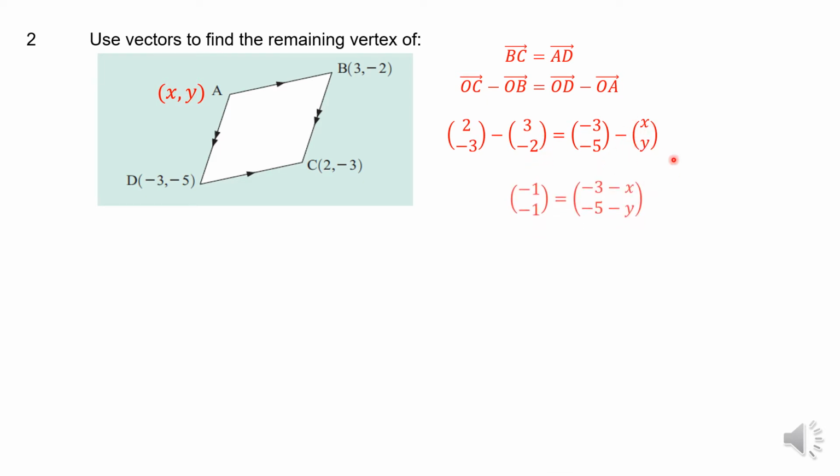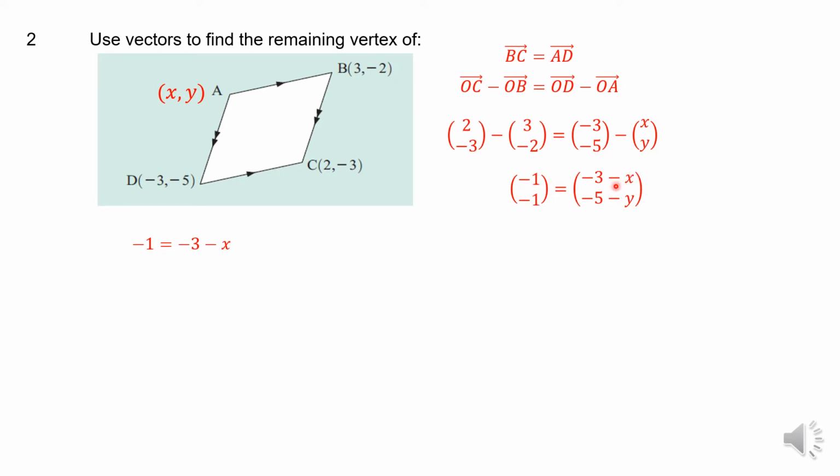Know that the two have to be equal. I can simplify: 2 minus 3 gives you -1, and -3 minus -2 is the same as -3 plus 2, which gives you -1. When you do the same here, -3 minus X, well, that's just going to stay, and -5 minus Y is -5 minus Y. Now I take the top row to find the X component.